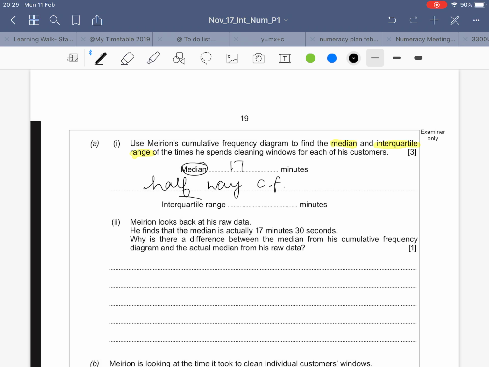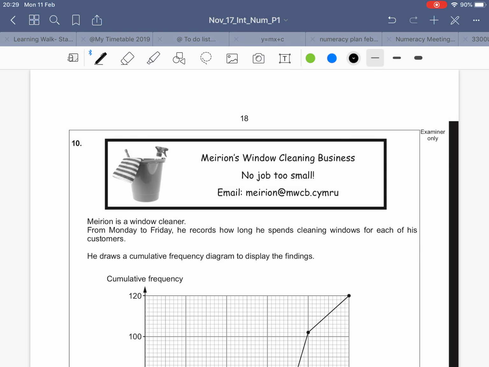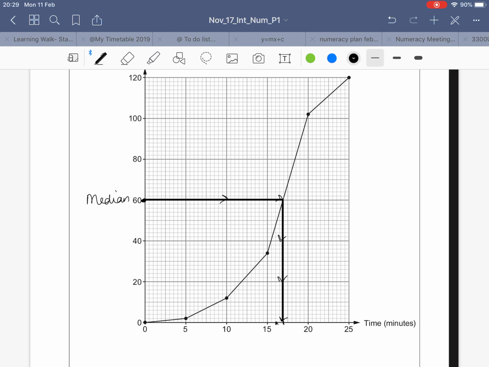And then for the interquartile range, I'm going to need to look twice at the graph, and I'm going to have to do the upper quartile, take away the lower quartile. So looking at the graph this time, I've got to go for the upper quartile and the lower quartile. So halfway between 60 and 0, go across at 30 and go down.